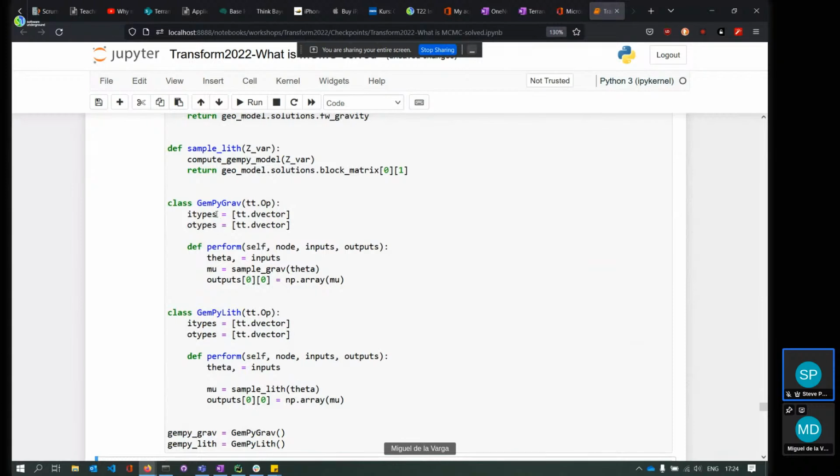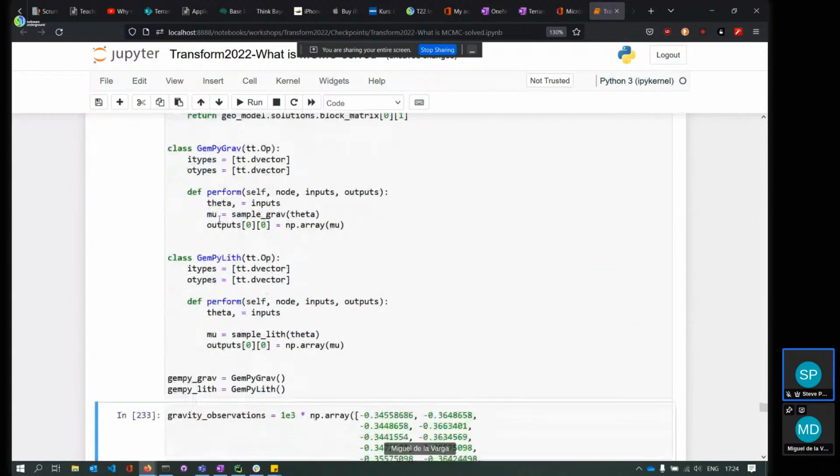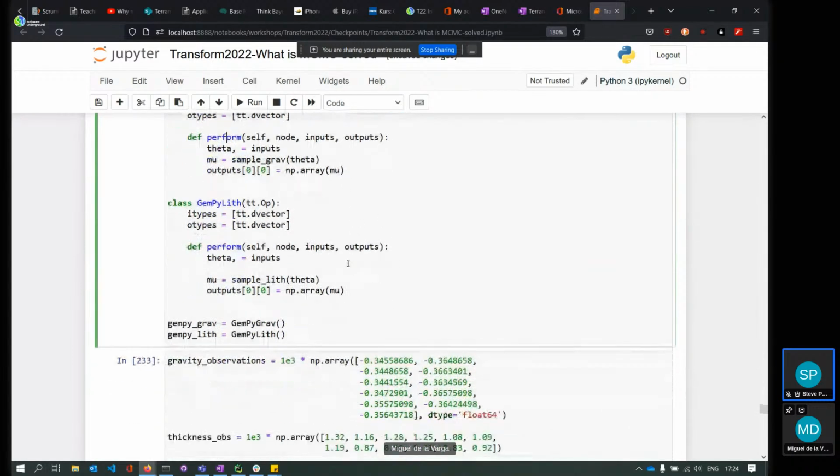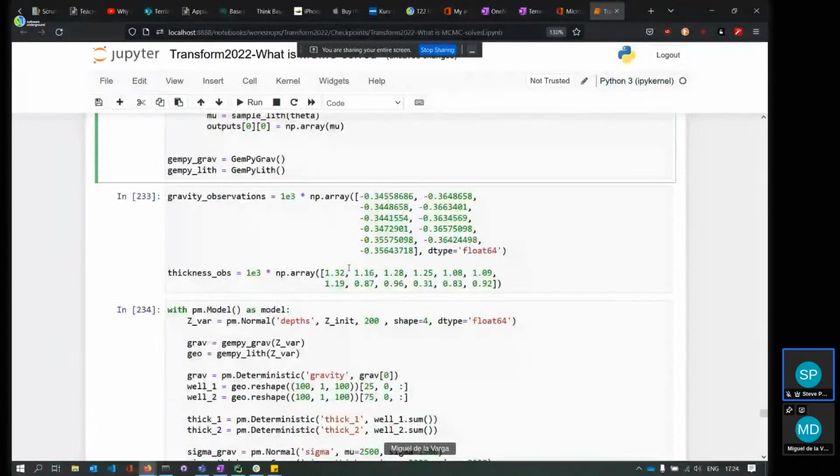There is a possibility of using GemPy directly with the Theano graph that is giving you gradients. That definitely is a really, really advanced use case. But if someone is wondering, yeah, you can use GemPy directly in the PyMC3 model.